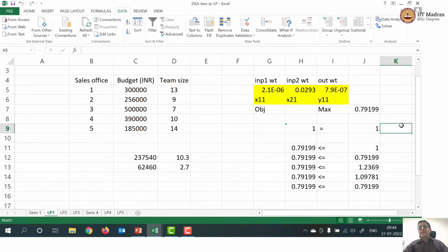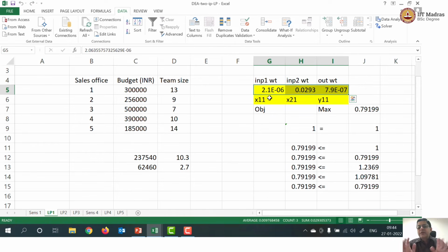Okay, now let us interpret the answer. Using the weights that sales office 1 can assign, sales office 1 can assign any input weight and any output weight that it deems fit. Use the weights to the best of your advantage is what DEA tells every DMU. So DMU 1 says that these values are the best values for me.